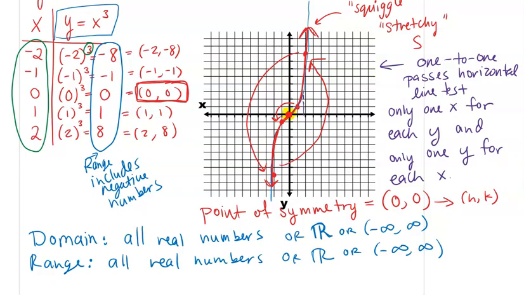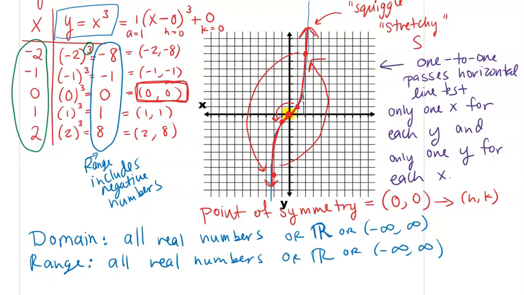But it's important for us to always keep in mind that for the parent function, a is 1, h is 0, and k is 0. So the origin for the parent function is also h, k for the parent function, which in this case is a point of symmetry. So that h, k will be your point of symmetry for all your transformed graphs as well.